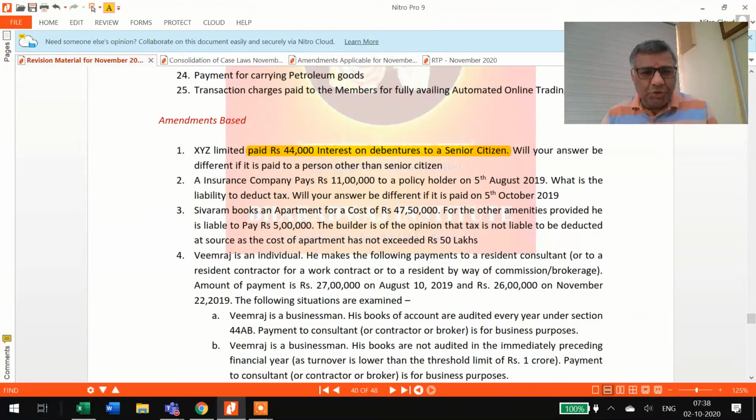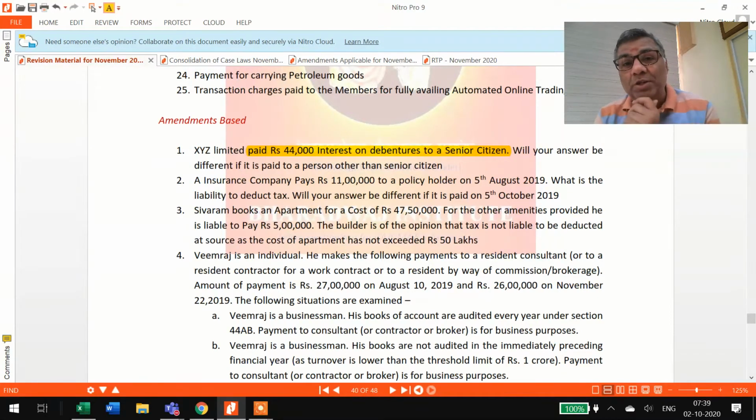In this question, interest is paid on debentures. For that, the limit is still 5,000. Originally, in the section, in case of interest from banks, cooperatives and post office, the threshold limit was 10,000.